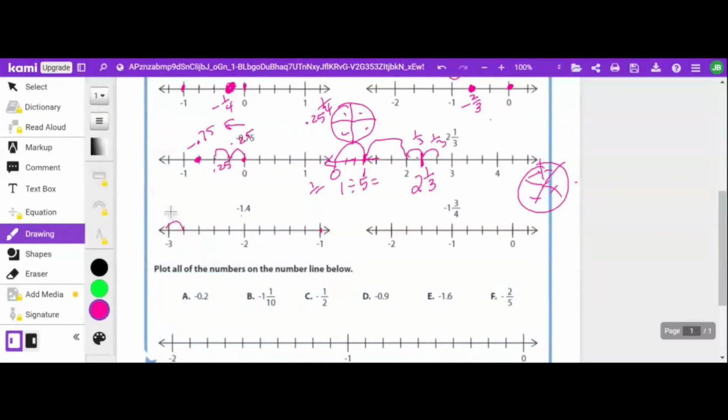Okay, each one of these is -0.2. So we would move 2 hash marks. That's correct. 1, 2. Because this would be -1.2. This is -1.4.